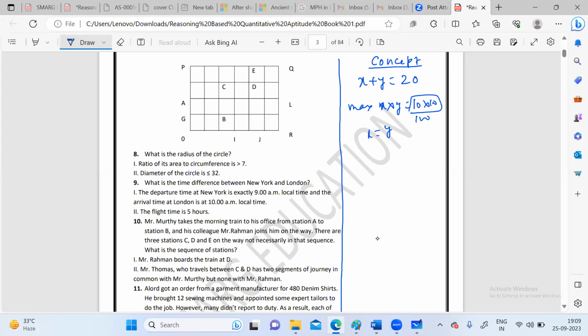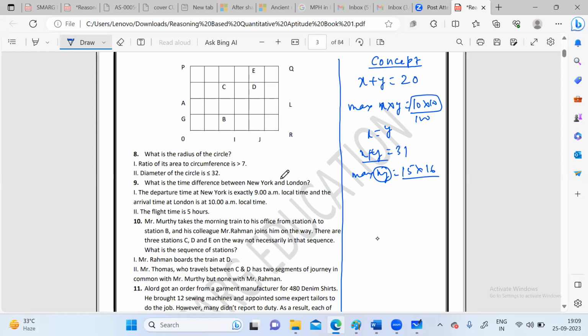And I also added that if it is not being equally divided, if x plus y is equal to, let's say, 31, and x and y are positive integers, then for maximum xy you'll find the closest values to each other. So it will be 15 into 16. This we have read.